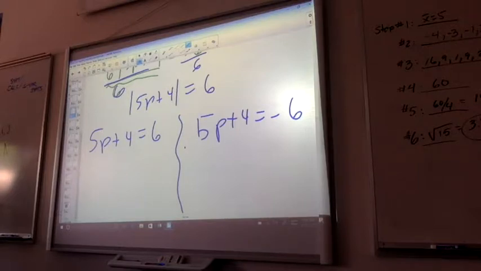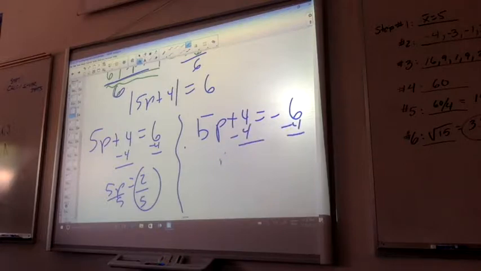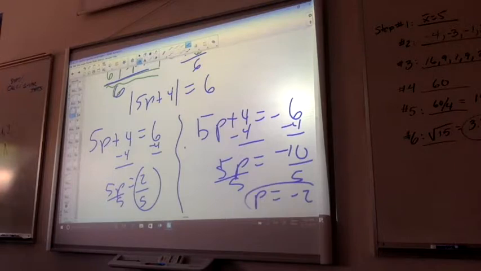Solve each. This one I'll subtract 4 from both sides, so 5p equals 2, divided by 5. So one of my answers is 2 over 5. This one I subtract 4 from both sides, so I get 5p equals negative 10. Divide each side by 5, so p is equal to negative 2. So we have an answer of 2 over 5 as well as negative 2.